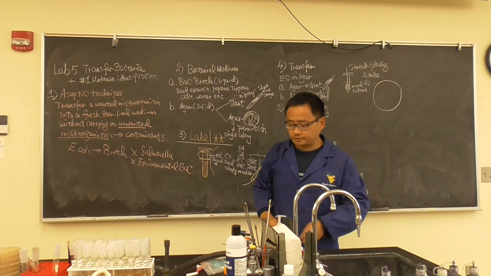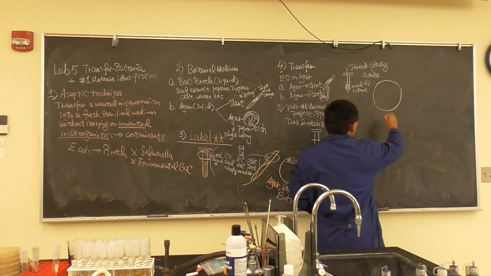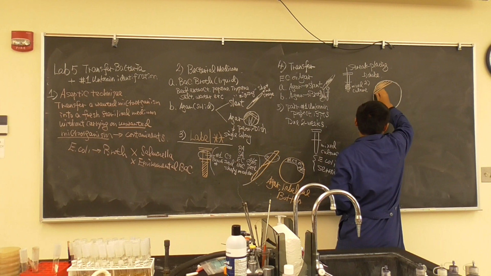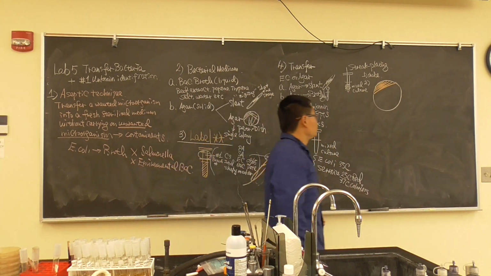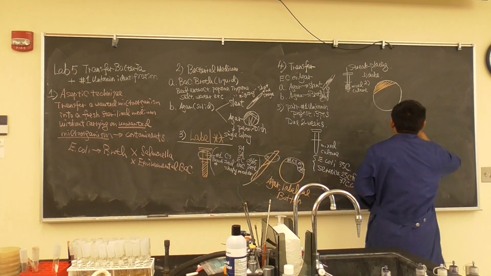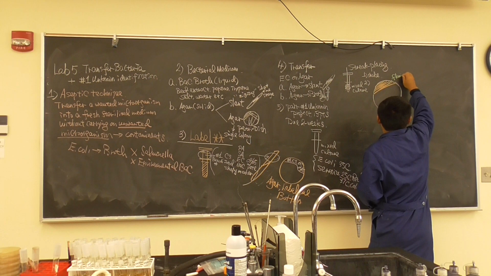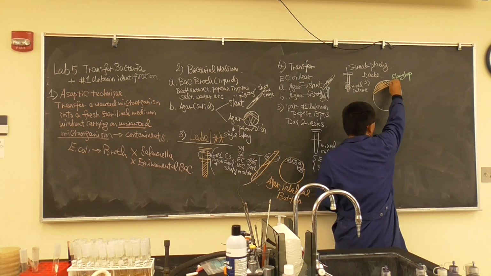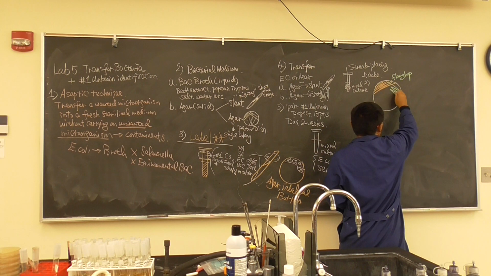Okay, how to do it then? First of all, use a loop. In the first course, streak very intensively. Then you have to flame the loop. So right here, you have to flame the loop. From the edge of the first course to the second course, less intensive.